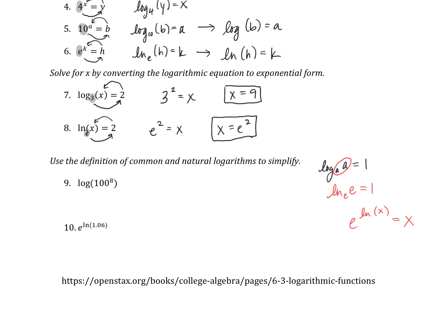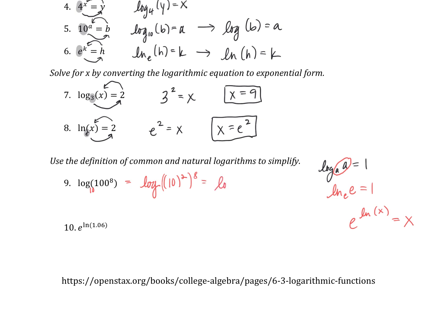So let's try to rewrite these. This number 9, we could write as the log. We really want the base, which is understood to be 10, to match what we're taking the log of. So 100 is 10 squared, to the 8th.